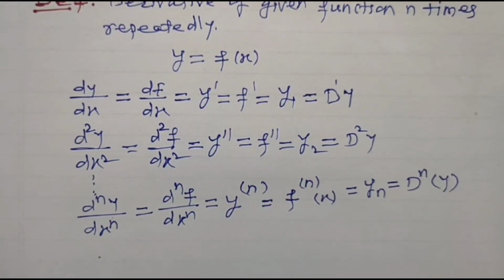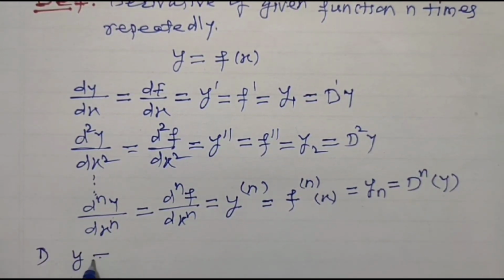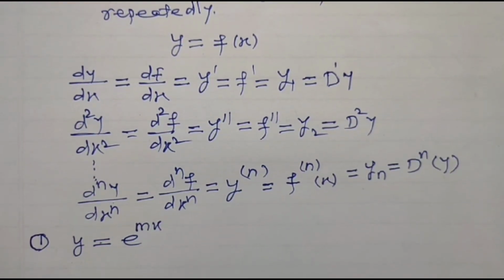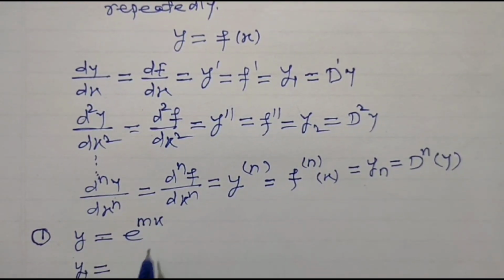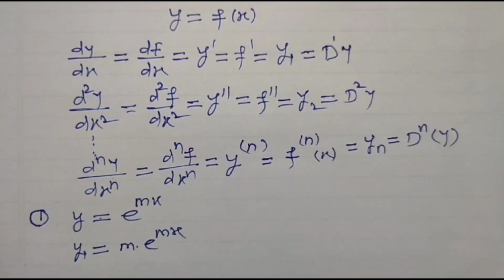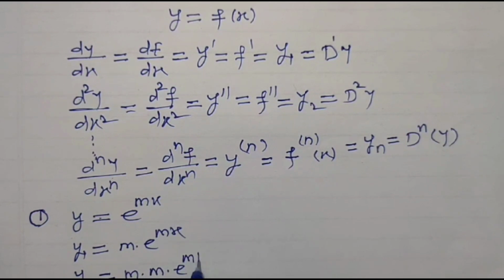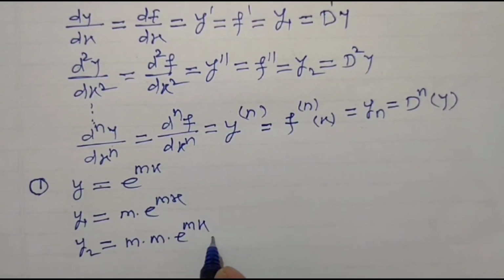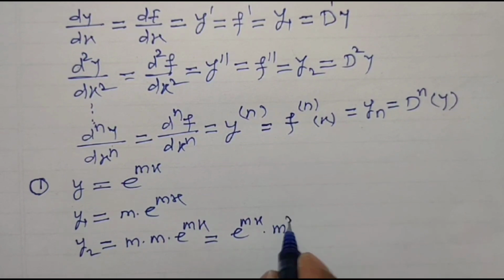So formula number 1: let y is equal to e to the power mx, and we have to find out its nth derivative. Y1 is equal to the derivative of this with respect to x, that is equal to m into e to the power mx. Once again differentiate this with respect to x, then y2 is equal to m into e to the power mx into m, and this is nothing but e to the power mx into m square.